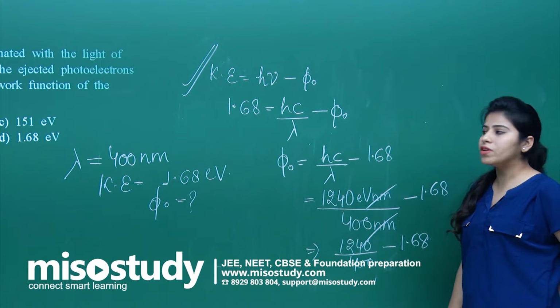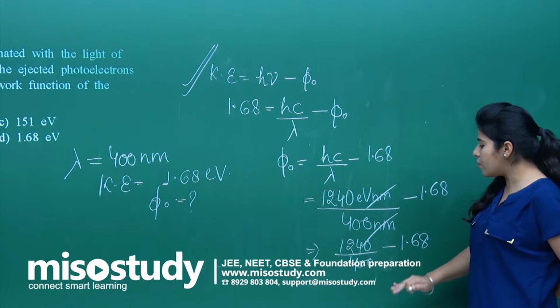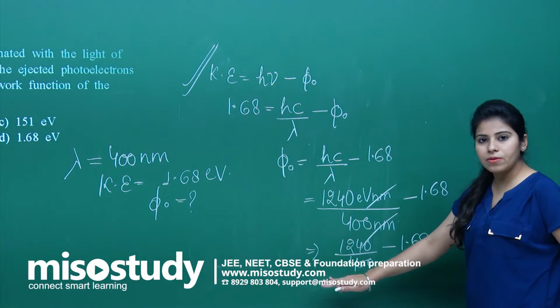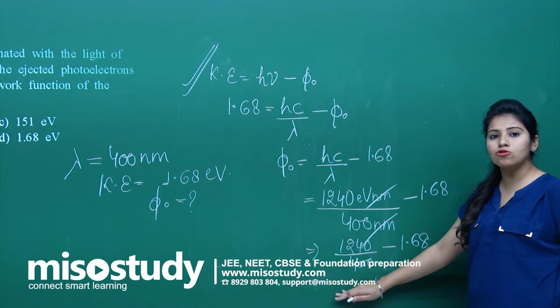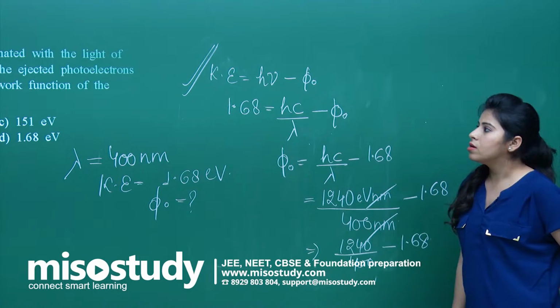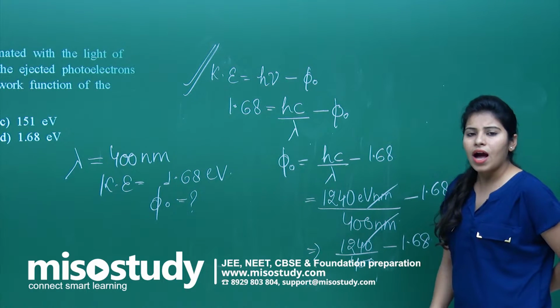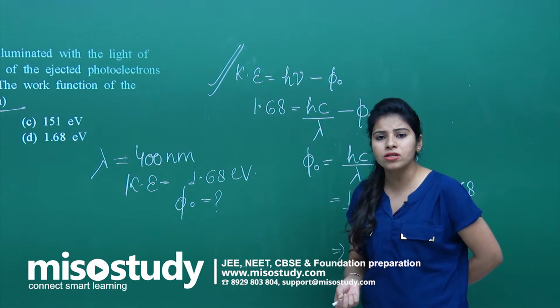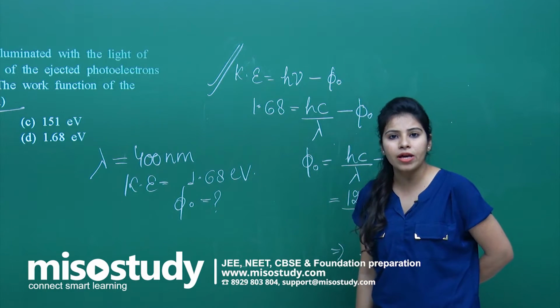Now, you can solve it very easily, and whatever number comes out here, that will be your work function. I have just told you how to approach and proceed in this question, but the answer will be given by you.